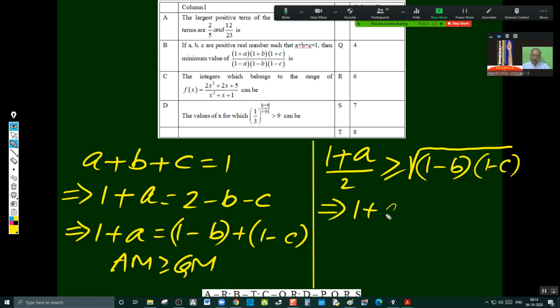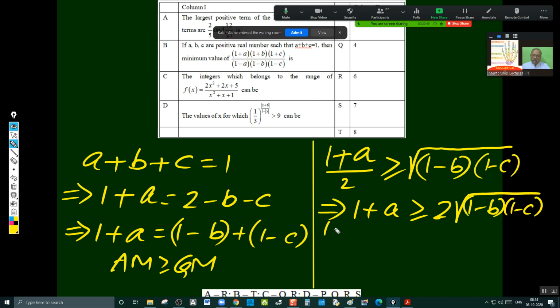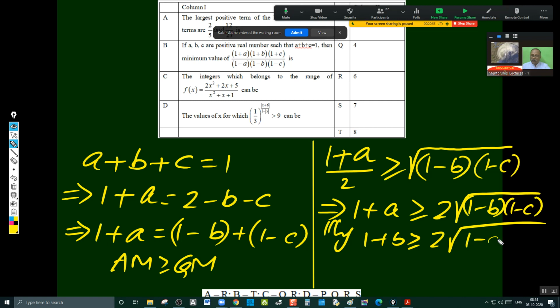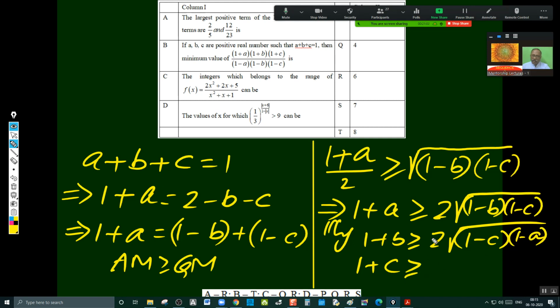So your 1 plus A is greater than or equal to twice of root over (1 minus B)(1 minus C). Similarly, 1 plus B is greater than or equal to twice of root over (1 minus C)(1 minus A). And 1 plus C is greater than or equal to twice of root over (1 minus A)(1 minus B).